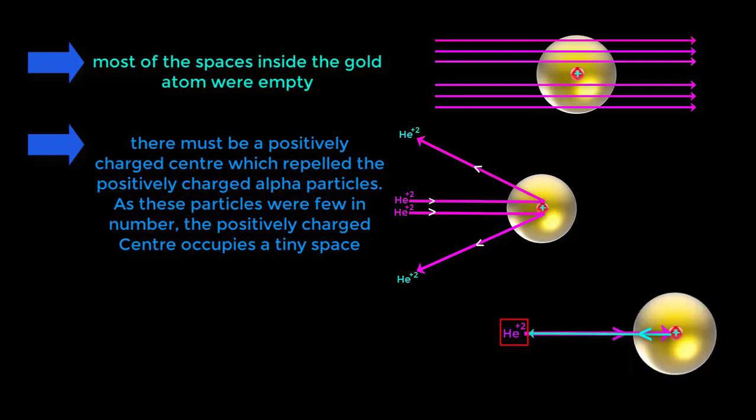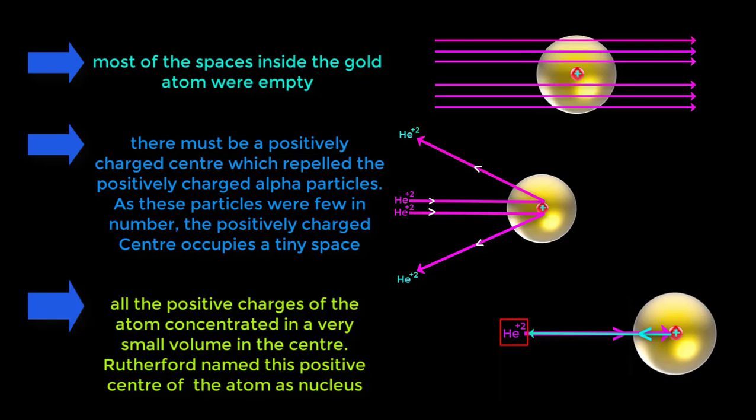As only one positively charged alpha particle bounced back out of 20,000 positively charged alpha particles, Rutherford concluded that all the positive charge of the atom is concentrated in a very small volume in the center. Rutherford named this positive center of the atom as nucleus.